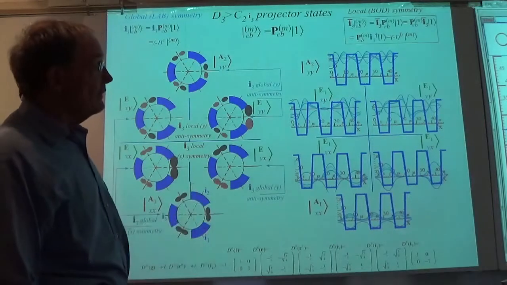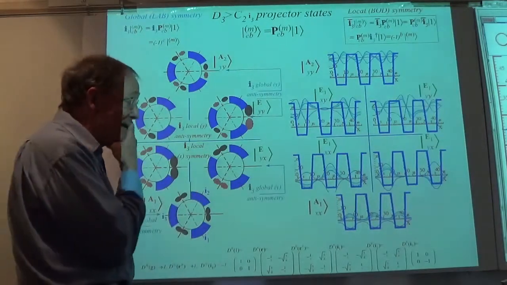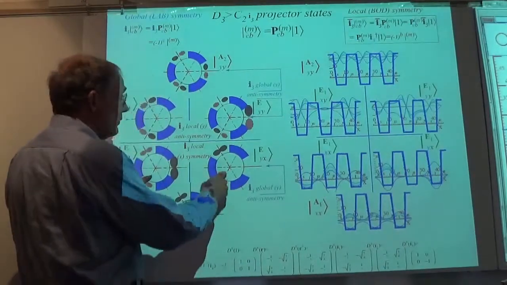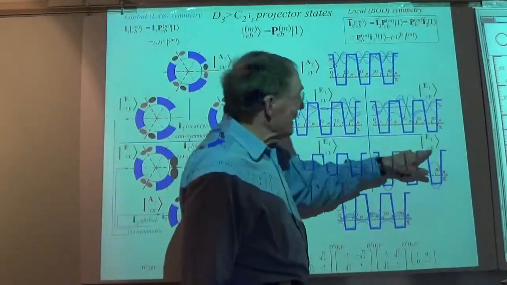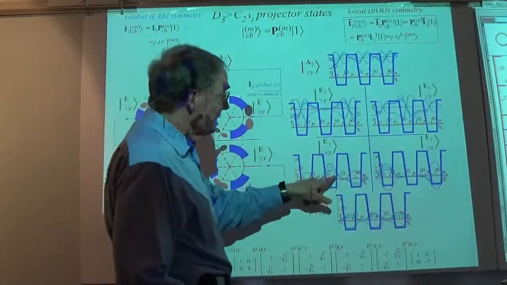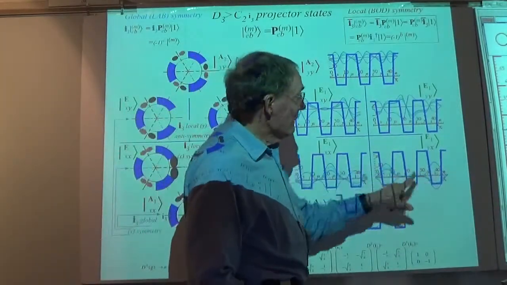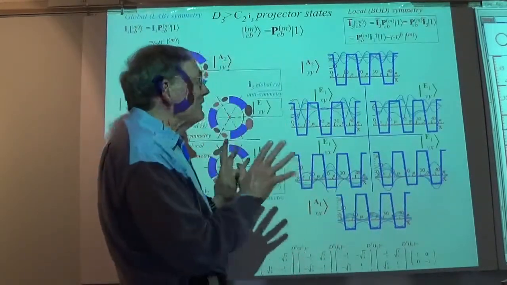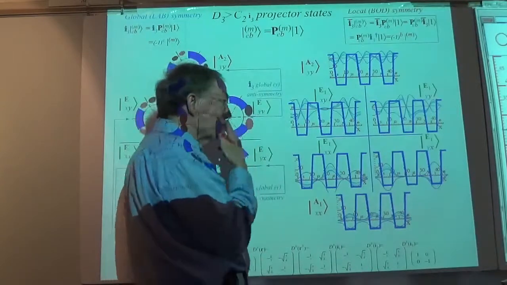Now here's a simulation, which we don't have time to look at, but there's the XX that goes with this. There are the two XX and YX locally symmetric waves with a very little wave there, but it's not zero because this thing isn't quite obeying this local symmetry.